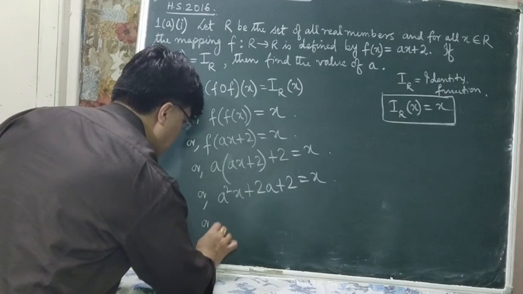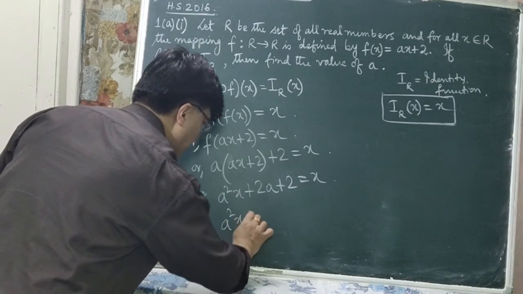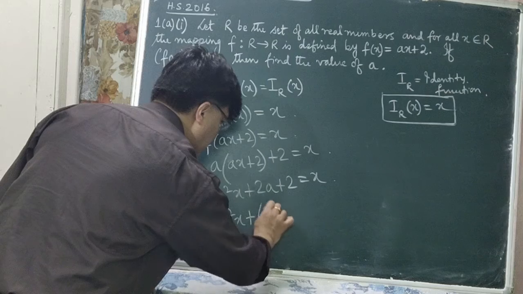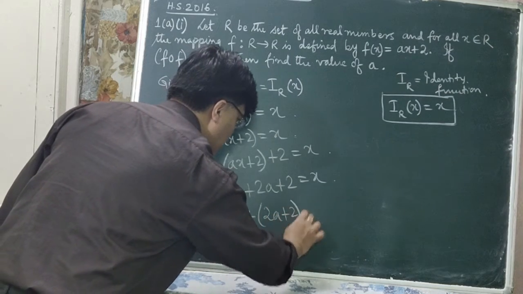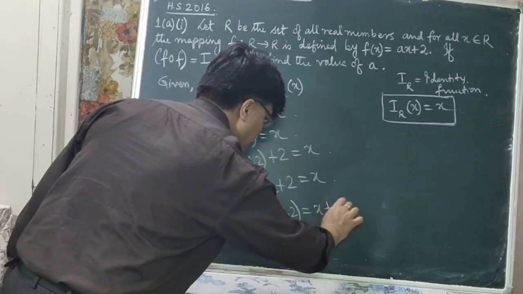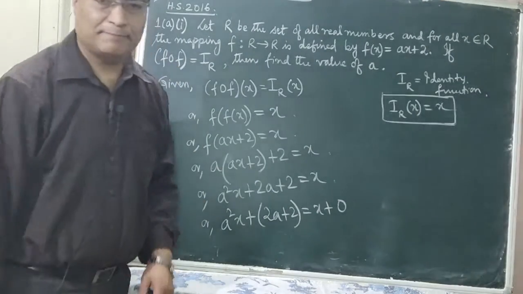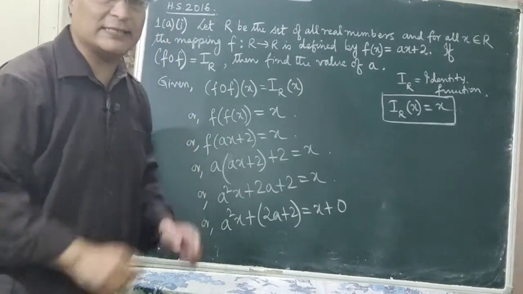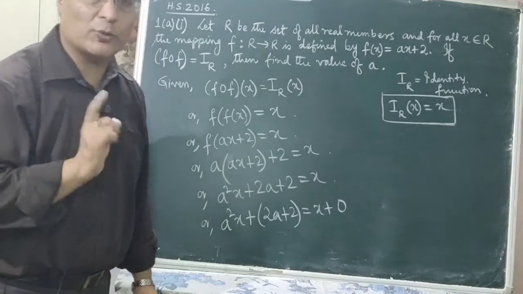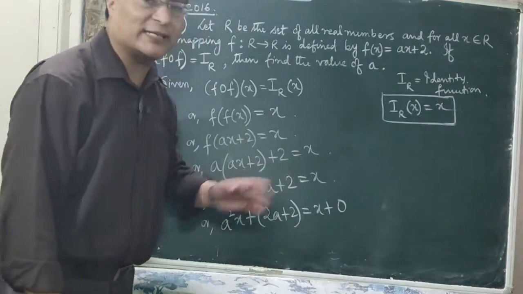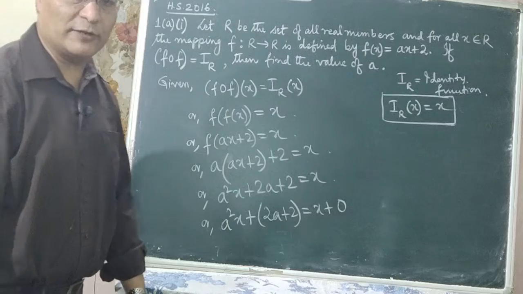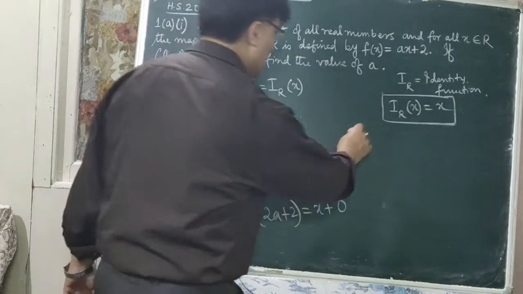So this is a square x plus 2a plus 2 is equal to x plus 0. This is just like an identity. So you can equate the coefficient of x and constant term in order to get the value for a.